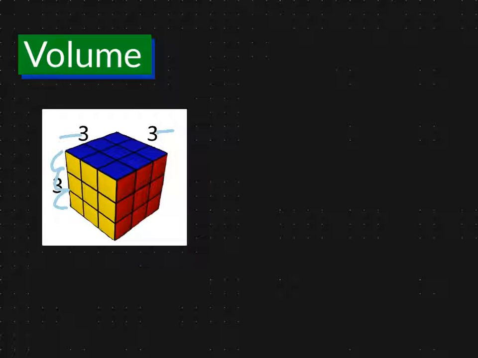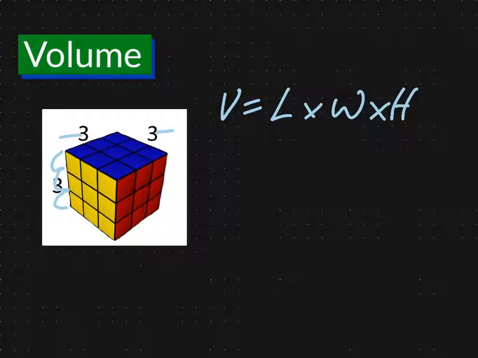So the formula for volume of a rectangular solid is that the volume is equal to the length times the width times the height. And in this case, it's a square, and the length, width, and height are the same, so for a cube, we could also say that the volume is equal to a side cubed.